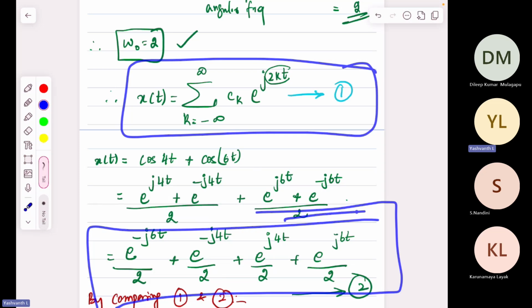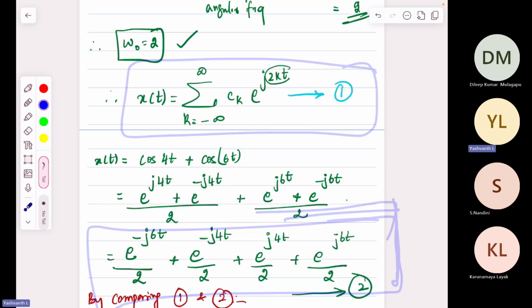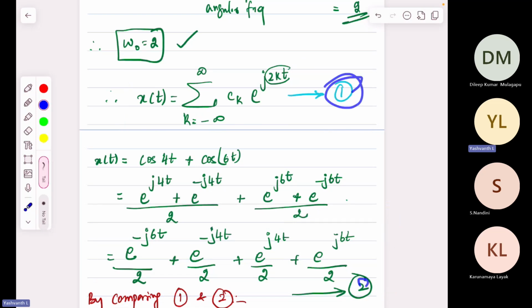Can anyone tell me how the ck are? It should be fairly easy. Compare 1 and 2. Tell me the values of ck.